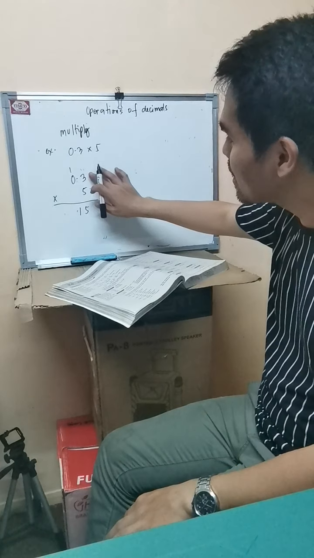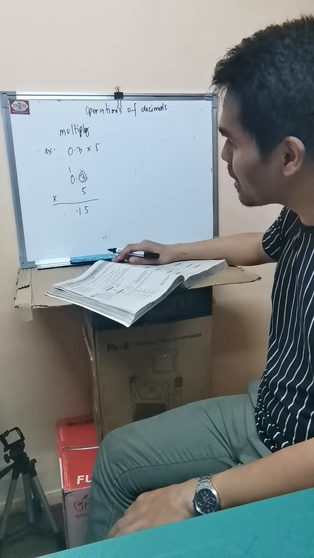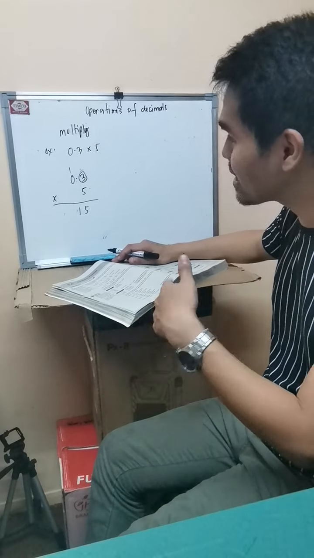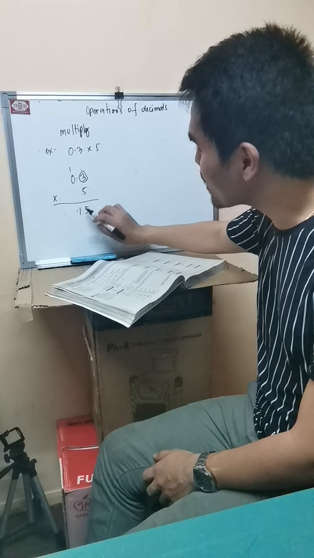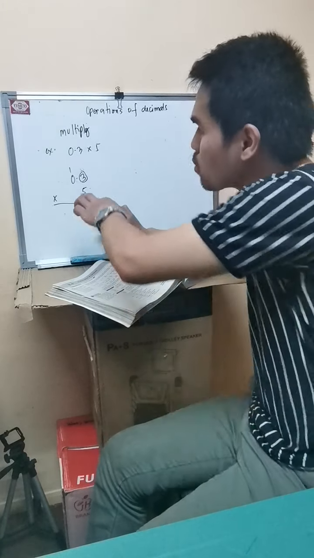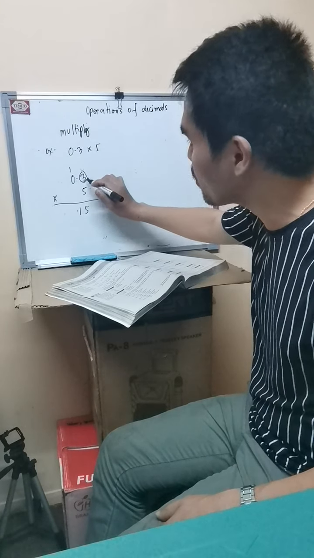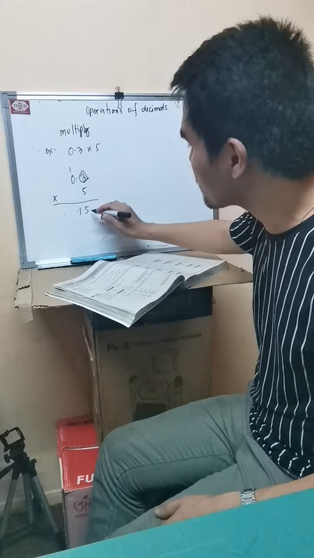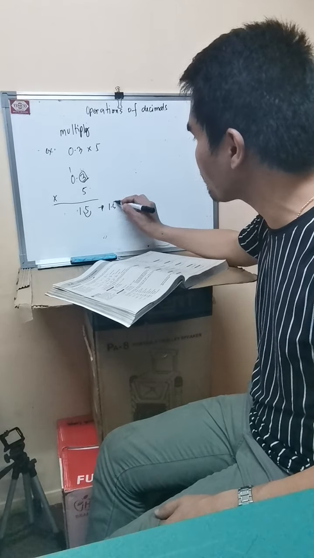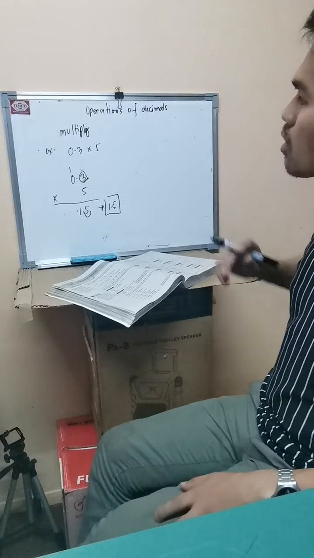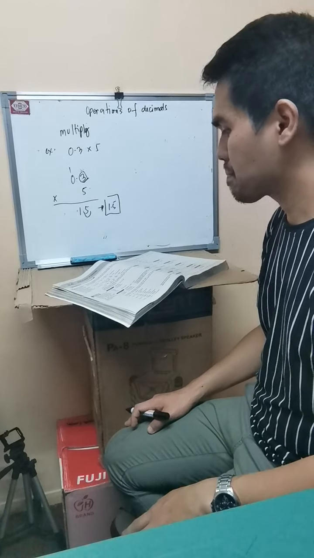So in this case, we only have one for the decimal part of the decimal notation 0.3. So we will move now. Of course, supposedly the decimal point is here. Since there is one here, we just move it to the left, 1 unit. So finally, our answer is equivalent to 1.5. So the product of 0.3 times 5 is equivalent to 1.5.